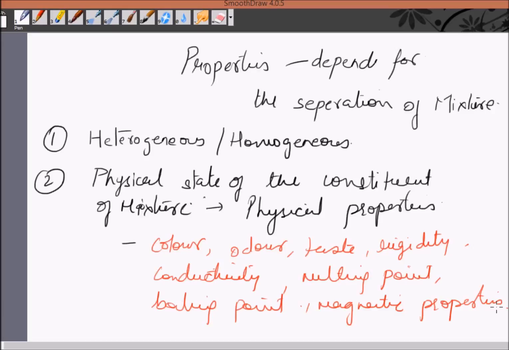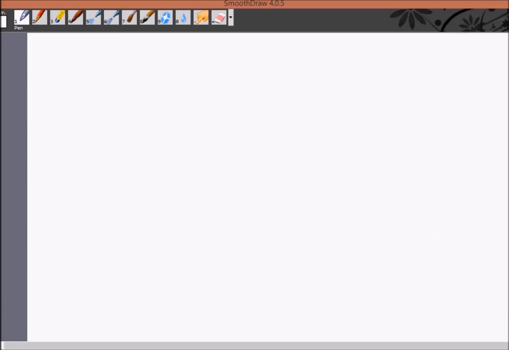So what is the third point? The third point is nothing but the different physical properties. Let's take the boiling point, a very important physical property. What do you understand by boiling point, friends? Write down: what is boiling point?